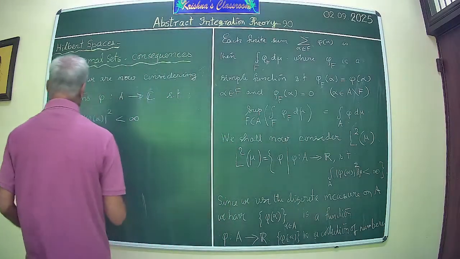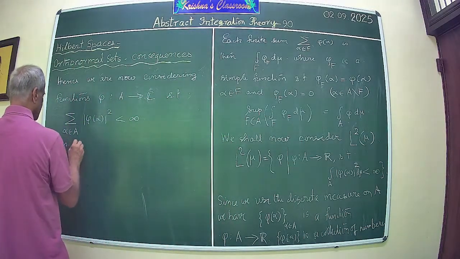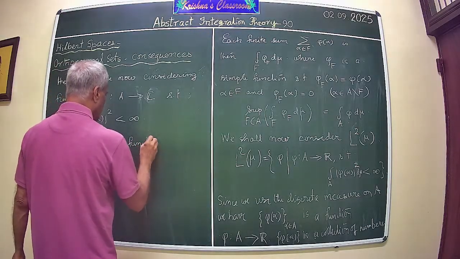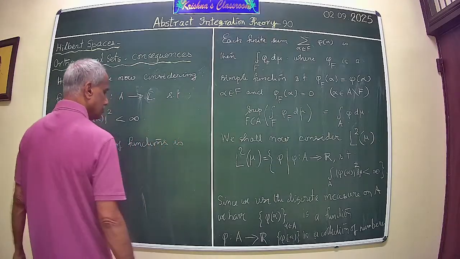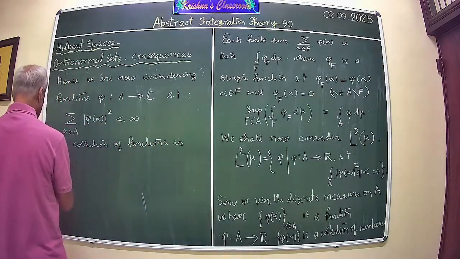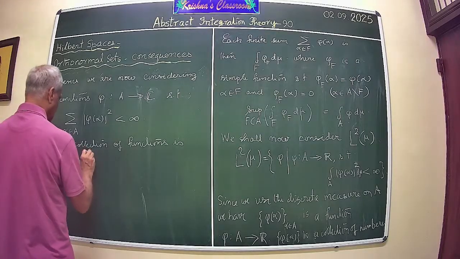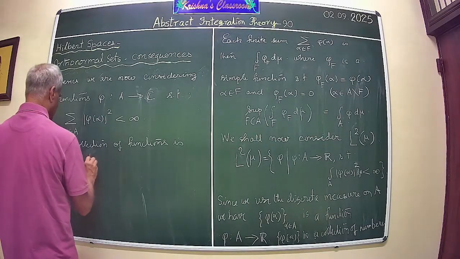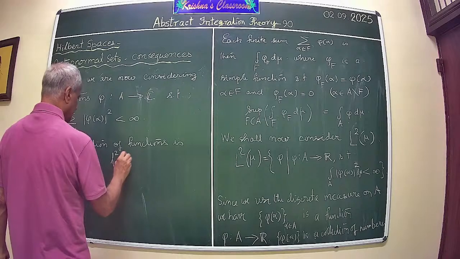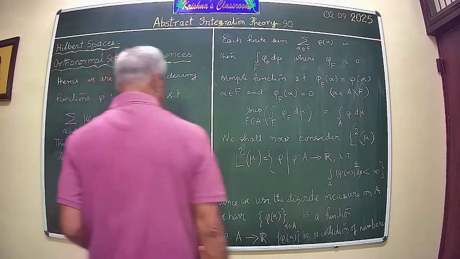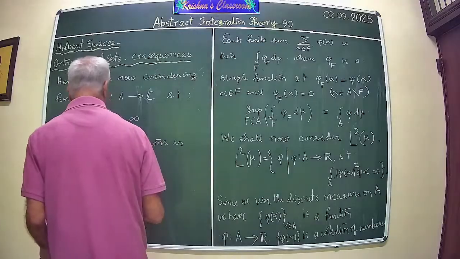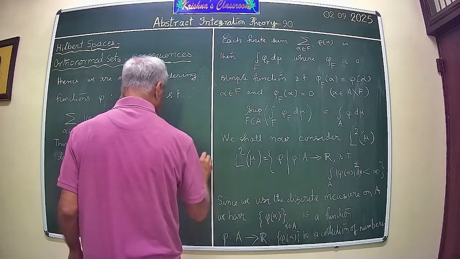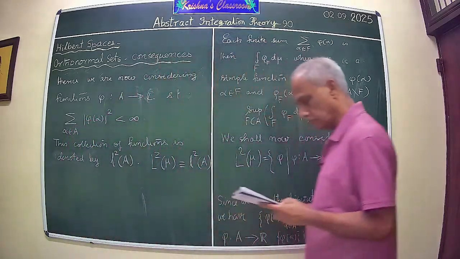So this is the function, and this collection is denoted by L2 of A. So L2 mu can be identified with that, that's the name that we adopted.